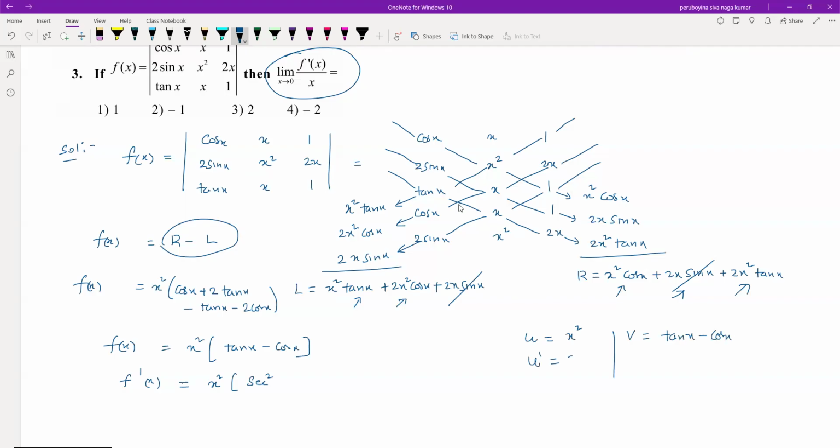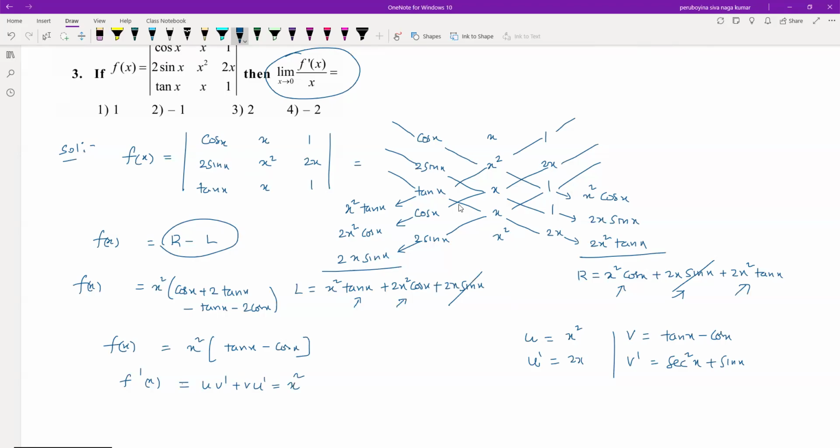And for u dash is 2x, and for v dash is tan x derivative secant square x minus cos x derivative plus sin x. So the formula was uv dash plus vu dash.